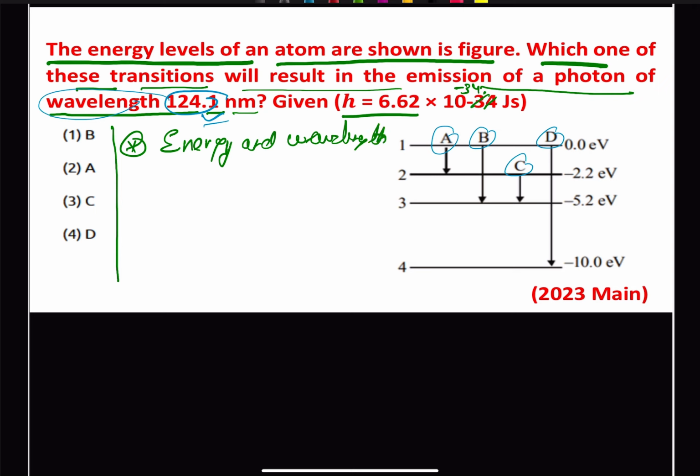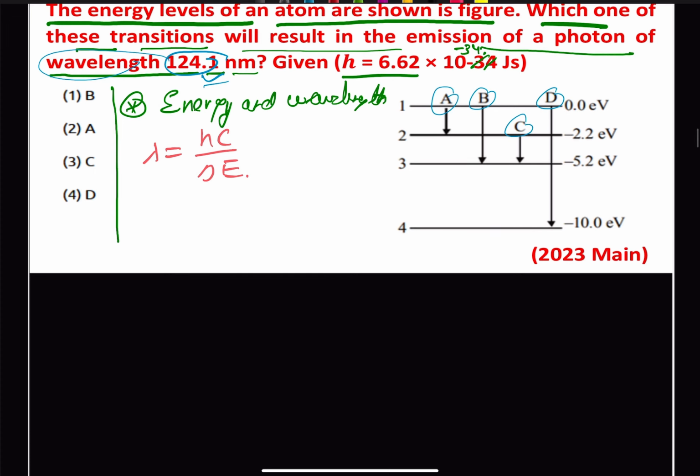We know that lambda is equal to hc upon delta E, and delta E is the difference in energy between two levels.